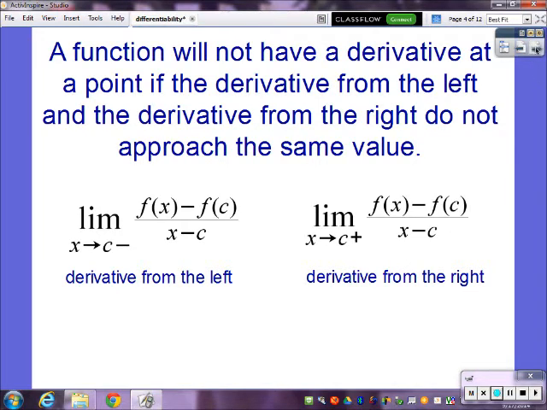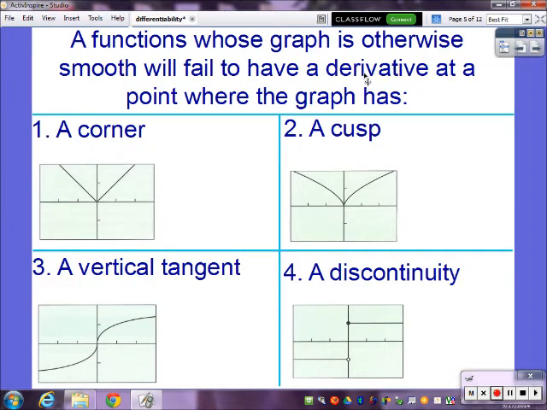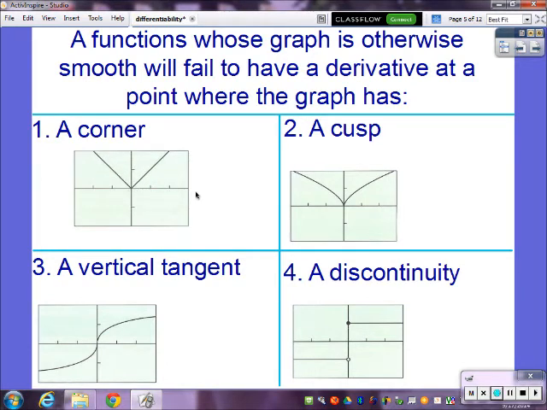So visually, graphically, what this looks like is that I have four types of instances where, if you are looking at a graph, you will know that the derivative fails to exist. So for the first case here, it's a corner, and remember, derivative is just slope. So you can think of this as a situation where approaching from the left of x equals 0, I have a negative slope, and from the right of x equals 0, that slope is going to be positive.